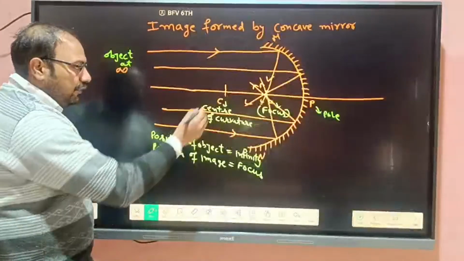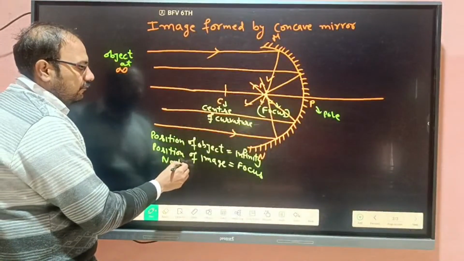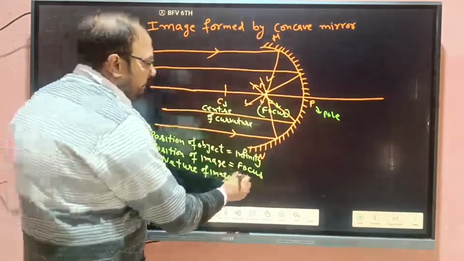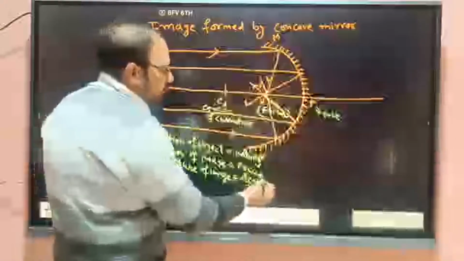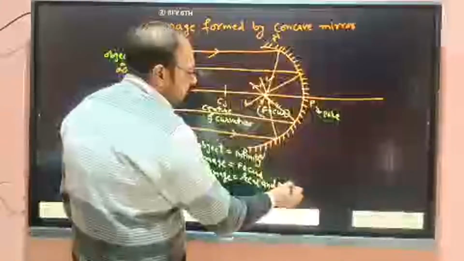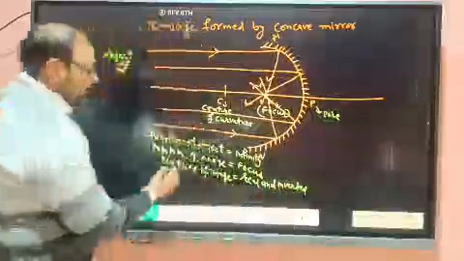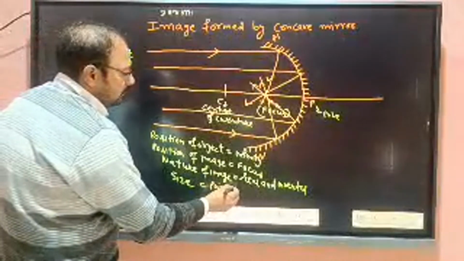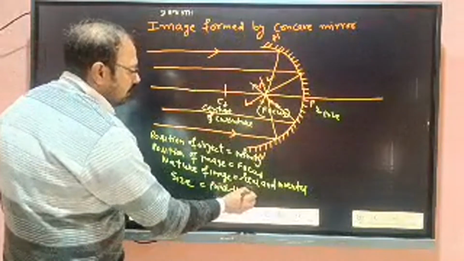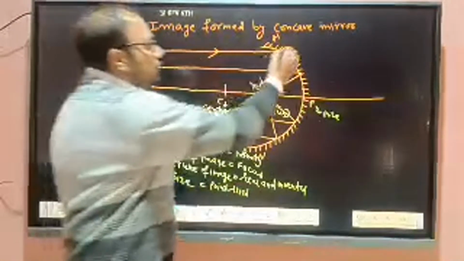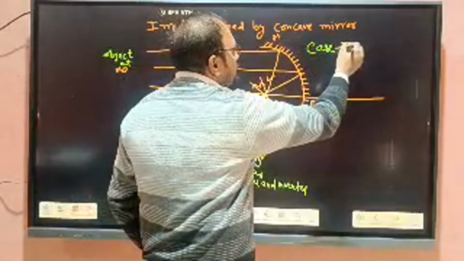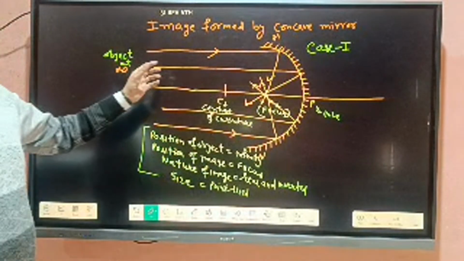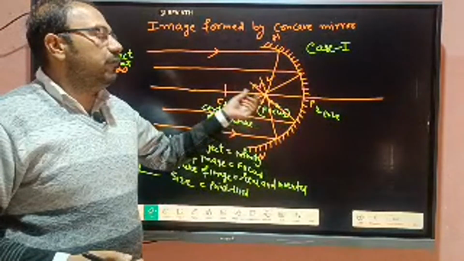This is the nature of the image: real and inverted. And the size is point size. This is our first case. When we put the object at infinity, the image formed is point size, real and inverted, and forms at the focus.